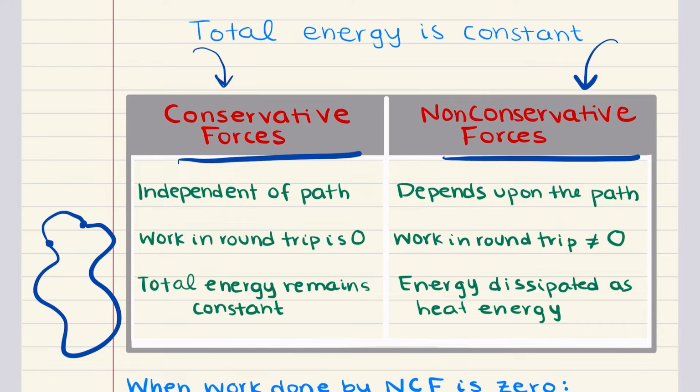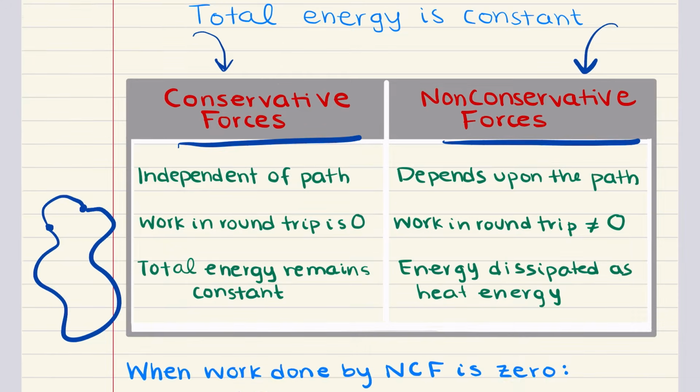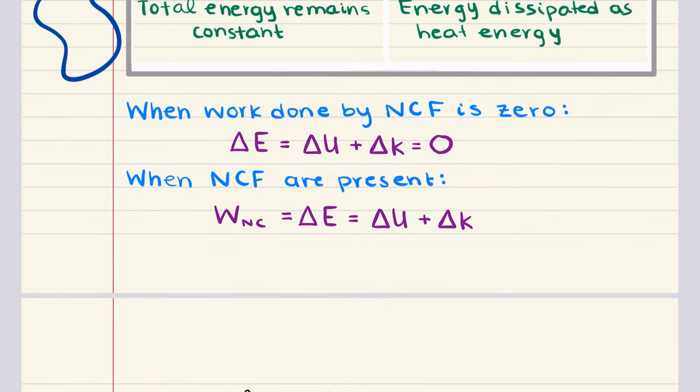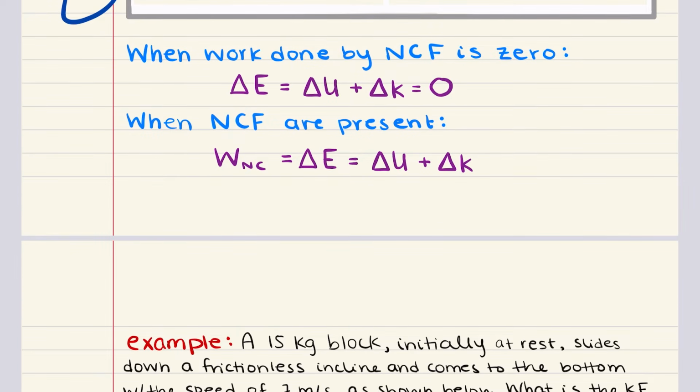When non-conservative forces act on a system, they dissipate mechanical energy, causing the total mechanical energy to decrease. Now, the next thing we want to do is explore how the conservation of mechanical energy applies in practice.